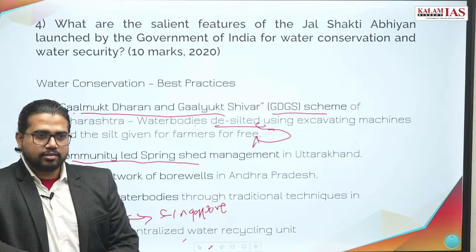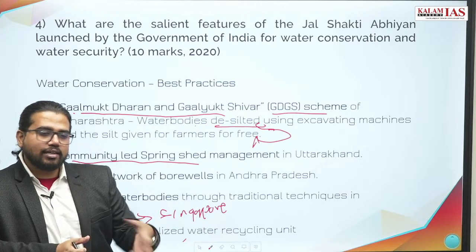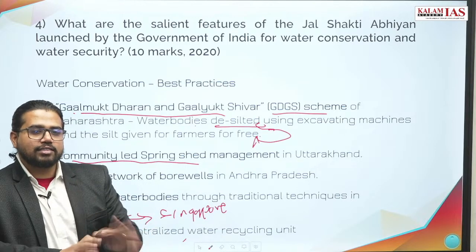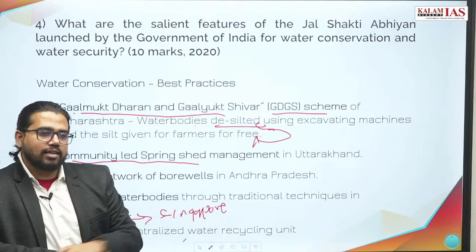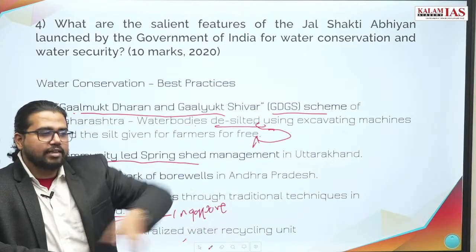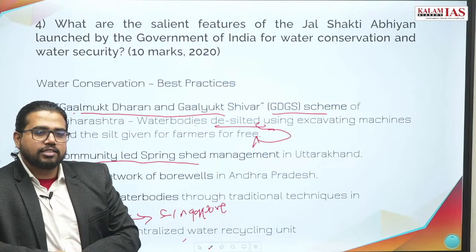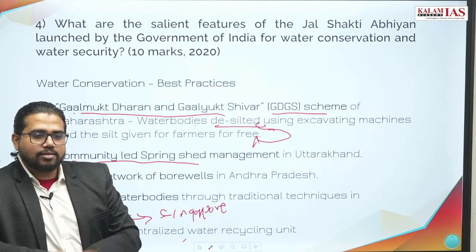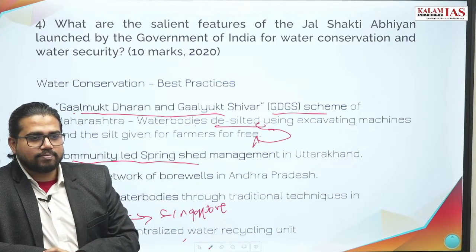Never heard of it? Go and check. Netherlands was one country which was highly devastated every year by floods. Then in the 1950s they started managing rivers, making dams, doing all this scientifically. I think after that they never faced the issue of flooding. So that is the world's best model for checking flooding, Netherlands.